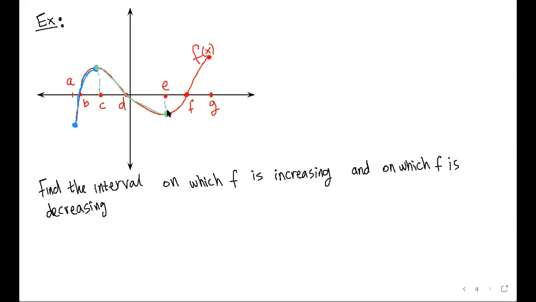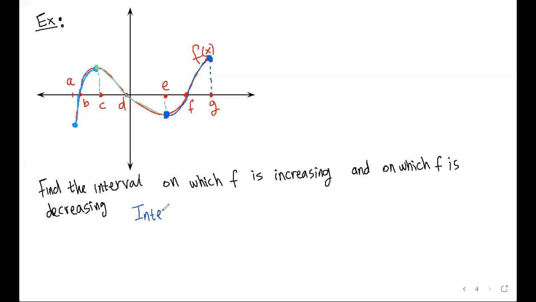And from E, it goes up again up to this point G. This means the function is increasing, decreasing, increasing again.